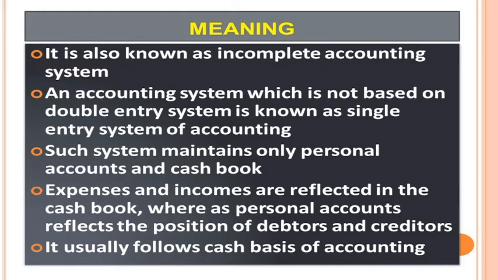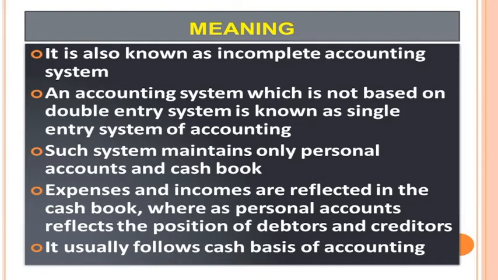Okay. So an accounting system which is not based on double entry system is known as a single entry system of accounting. An accounting system which is not based on double entry system is called a single entry system of accounting.